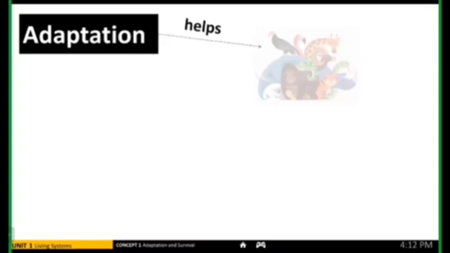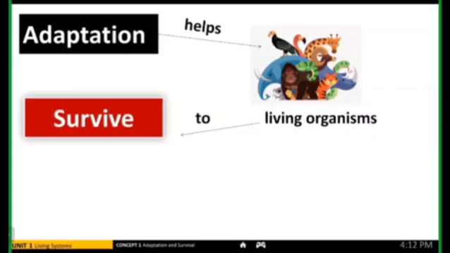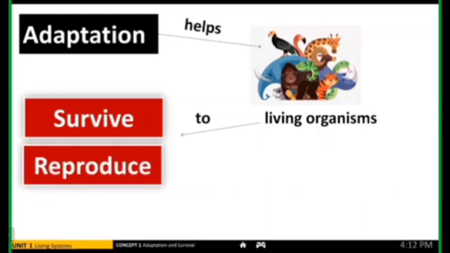Adaptation helps. What is this? Living organisms, animals, plants, humans. Living organisms can breathe, eat, and drink to survive, to stay alive in different places. They reproduce, or produce new members.